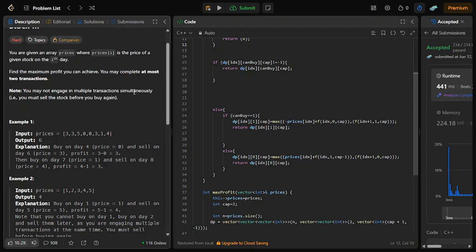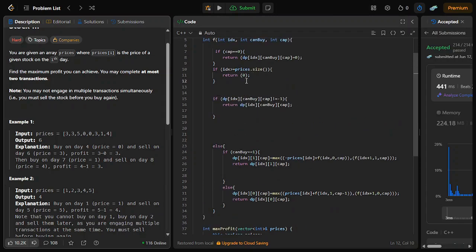Because this is a very important restriction here, you may not engage in multiple transactions simultaneously. So you have to maintain some kind of mechanism where you can check if you can buy in the first place. If you already have a stock in your stockpile, then you will not be able to buy.